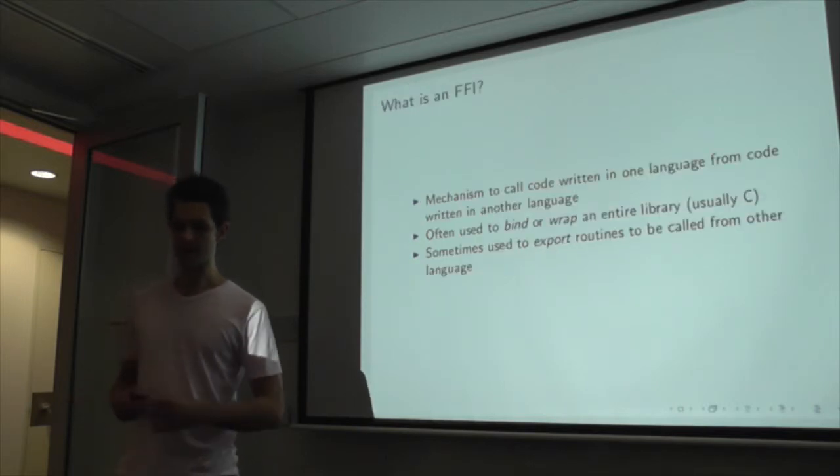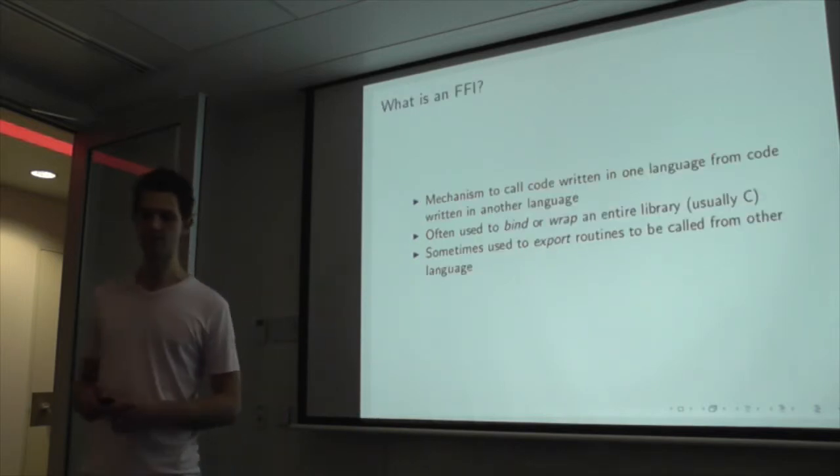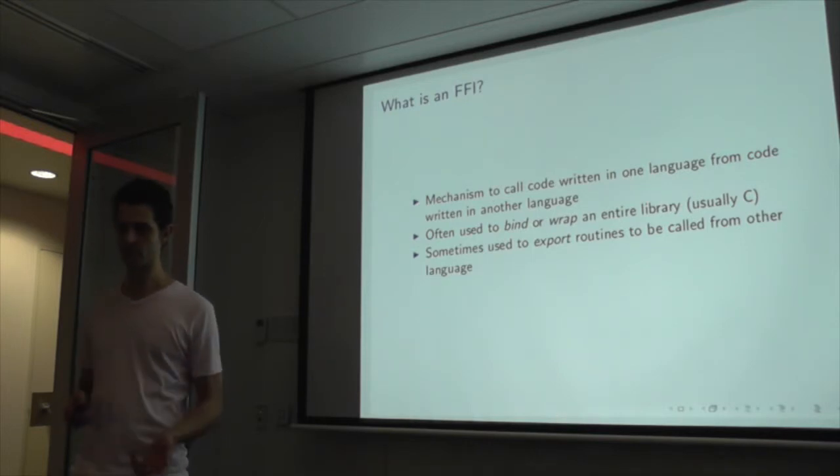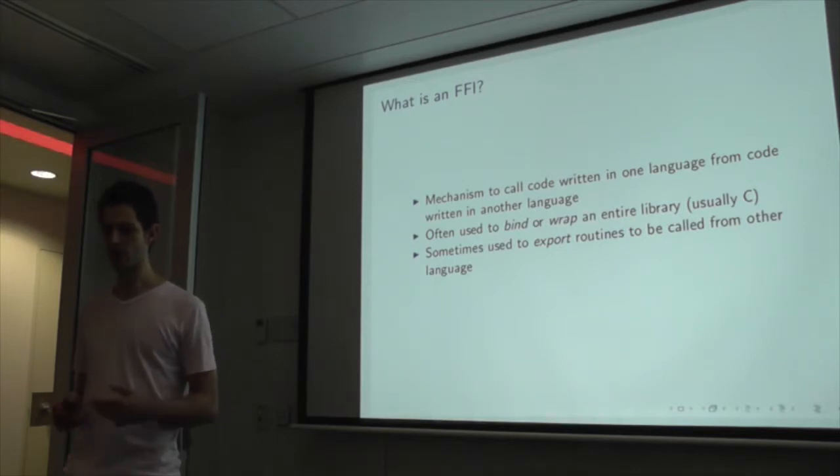So an FFI, or a foreign function interface, is a mechanism to call code written in one language from code written in a different language. They're often used to bind or to wrap entire libraries, and typically those libraries are written in C or C++.